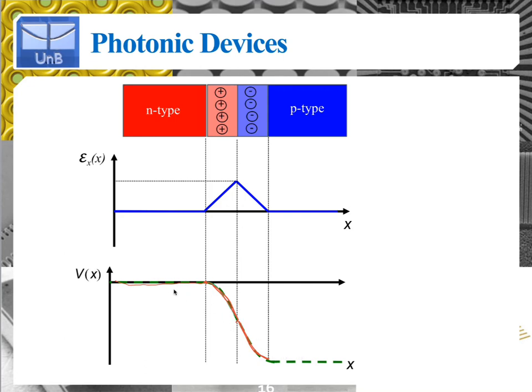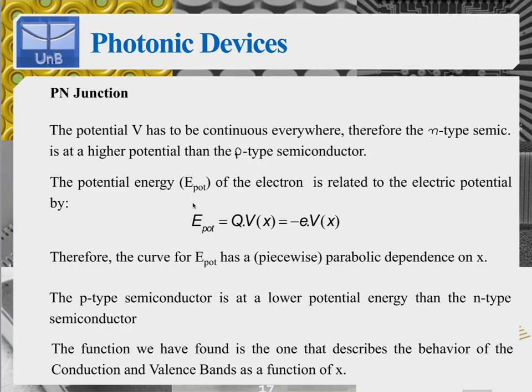Now from the electrostatic potential we can find the potential energy. And the relation between both is this, right? The potential energy of the electron is just charge times the electrostatic potential V. If you multiply Q by V, you get the potential energy.